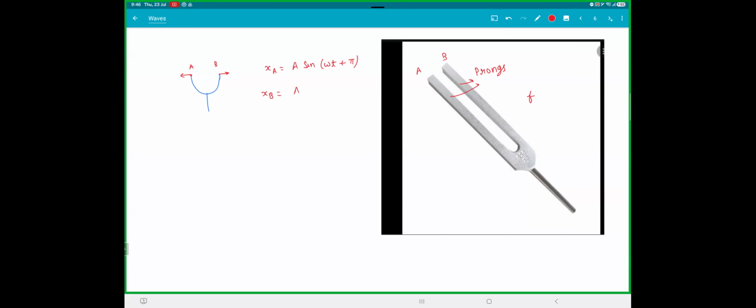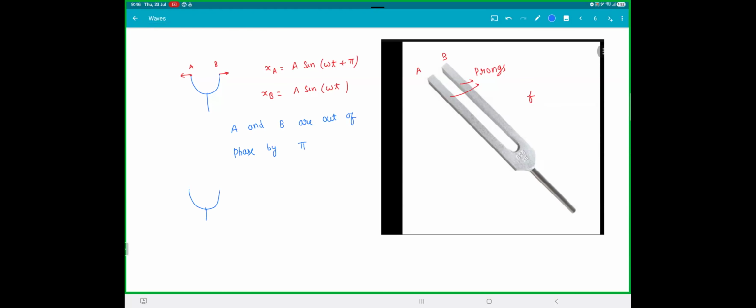XB will be A sine omega t. So both the prongs will be out of phase by 180 degrees. Both are going away, both are coming towards at the same time. A and B are out of phase by pi.